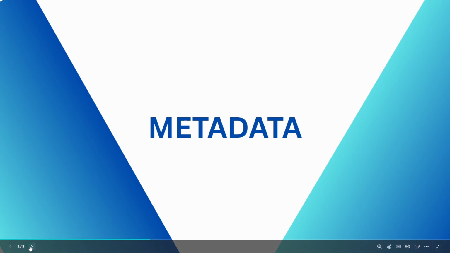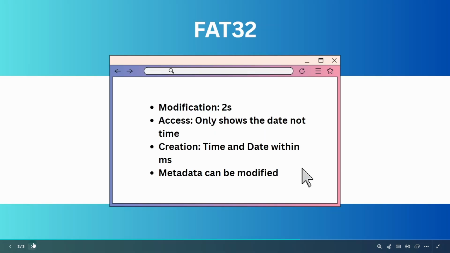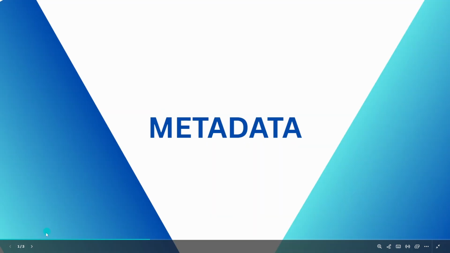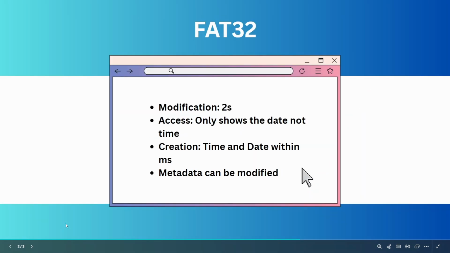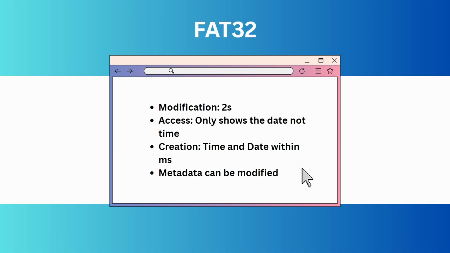So real quick, a couple things here. There are a couple of differences in accessing and creating metadata in FAT32 and NTFS, and just some minute details. When you're modifying a file in FAT32, it usually takes about 2 seconds to save those changes.